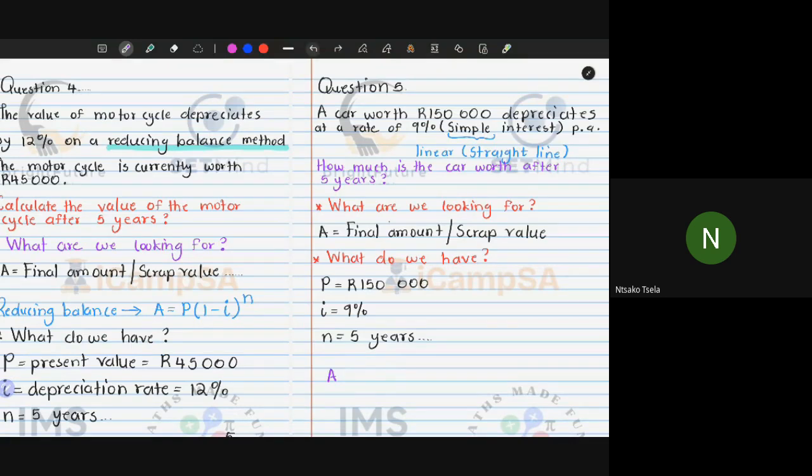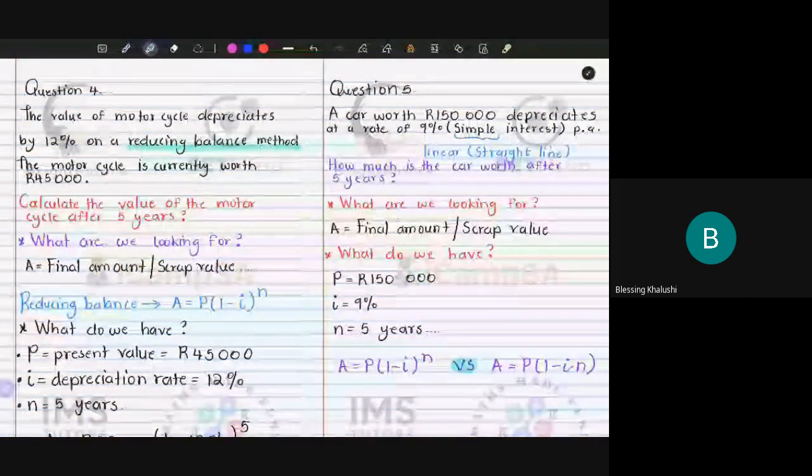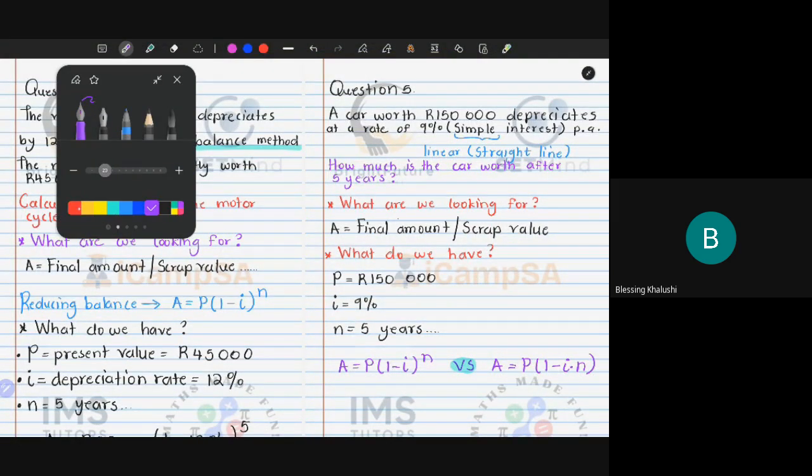A equals P into 1 minus I to the power of N, versus 1 minus I N. Which one do I use here? The second one. Why the second one?